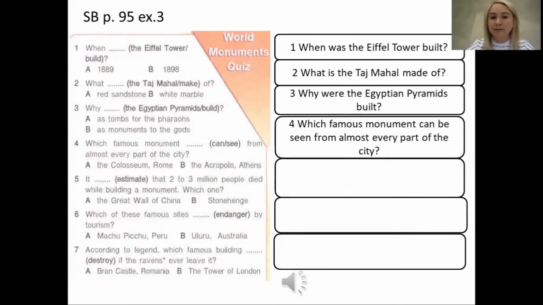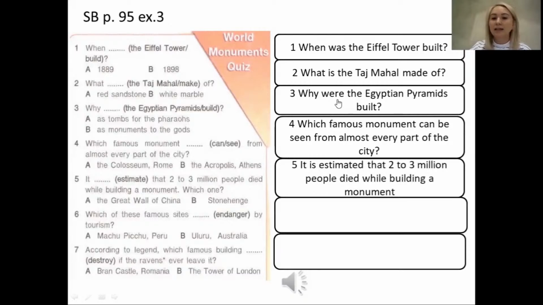The next one. It is estimated that 2 to 3 million people died while building a monument. Let's do the sixth one.